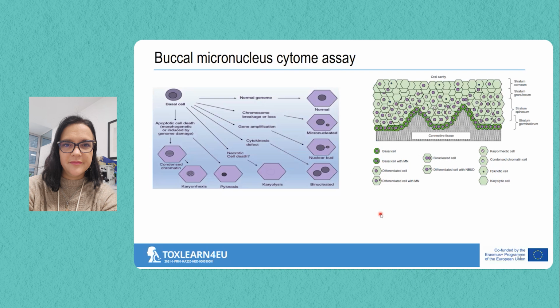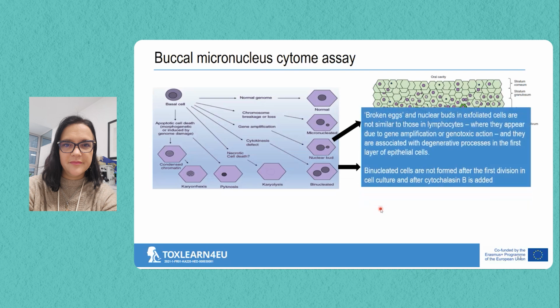What is the difference actually between the lymphocyte micronucleus and the buccal micronucleus? It has, again, the micronucleus. It can also measure the cells without the micronucleus, so that means without the DNA damage. There is a nuclear bud and a structure that we did not show here that is called broken egg.